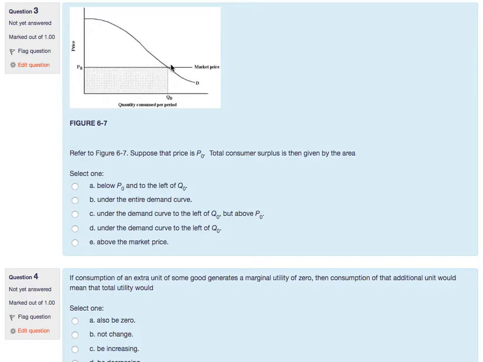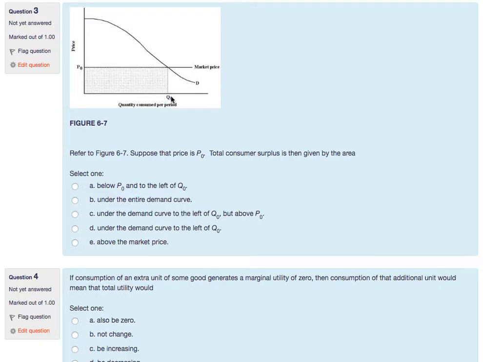So anything below this, above the price paid, because even though this is my total satisfaction from consuming this product, if I pay this amount, my consumer surplus is only based on the extra gains that I get. So the higher the price, the smaller that gap will be. So it has to be above the price that you pay, below the demand curve, and to the left of the amount of units that are being sold.